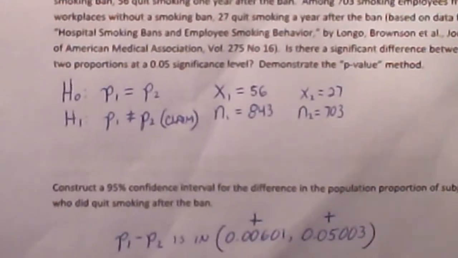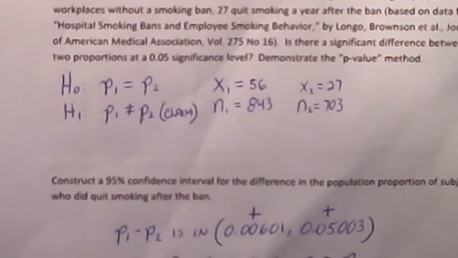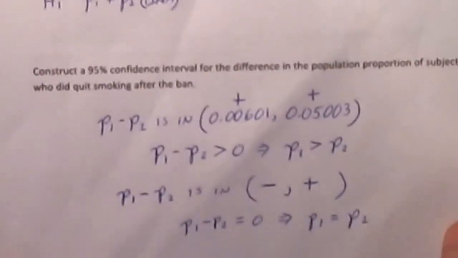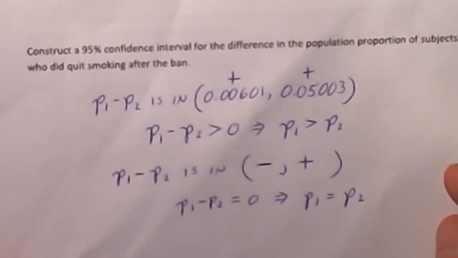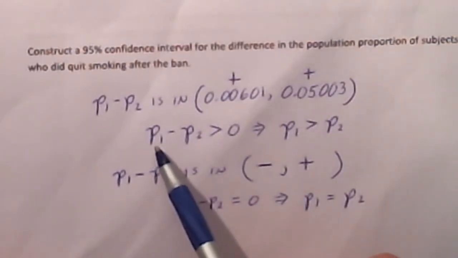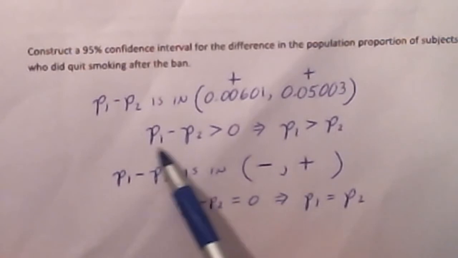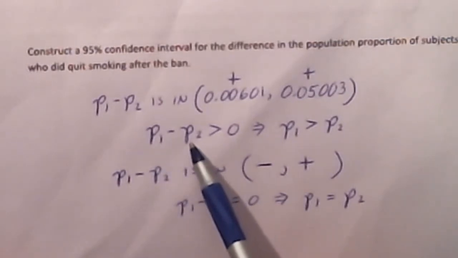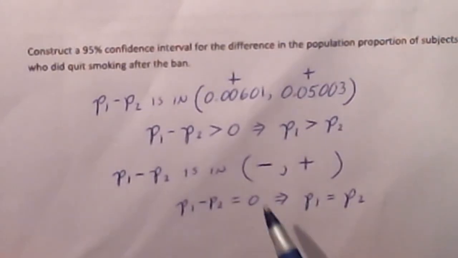And that's why confidence intervals give us a little bit more information regarding the unknown population proportions here. Okay. So it does look like the proportion of smokers who quit 1 year after the ban was larger for employees that worked in hospitals that did have a ban in effect versus hospitals that did not have a smoking ban in effect. Okay.